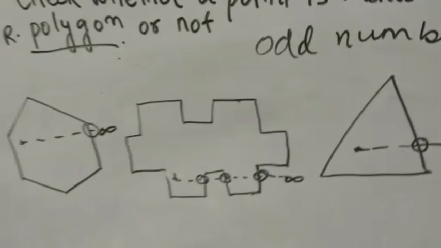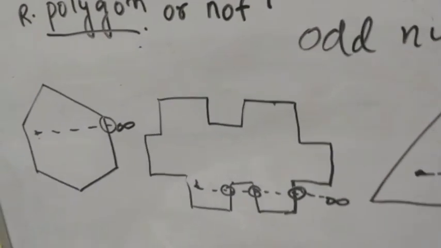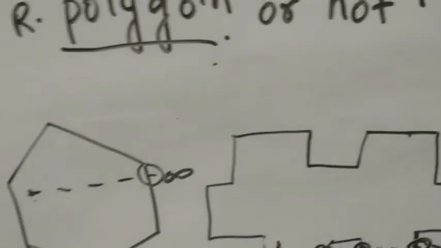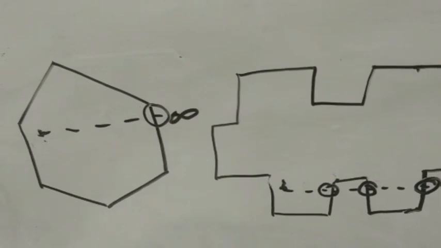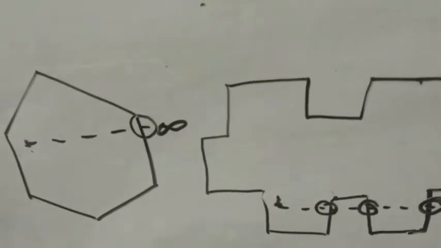So let us proceed, and for our convenience we are taking this hexagon for all test cases, for all problem solving, and this is going to be a pretty tricky and long program, but we'll find a way out.